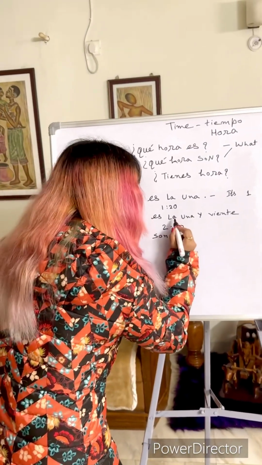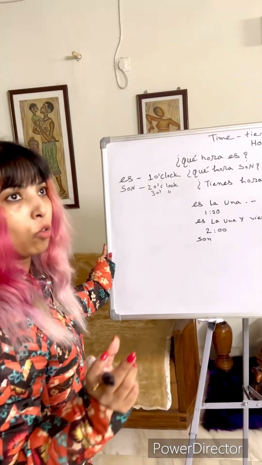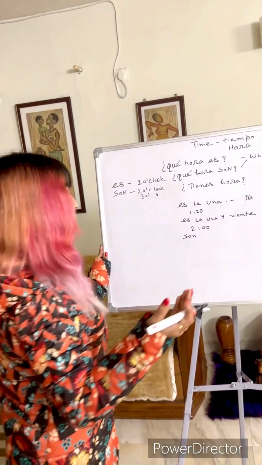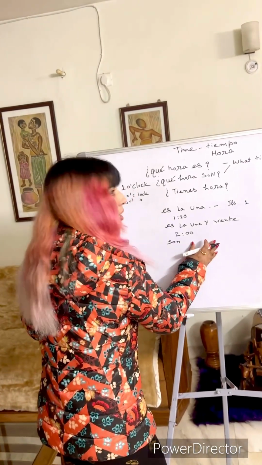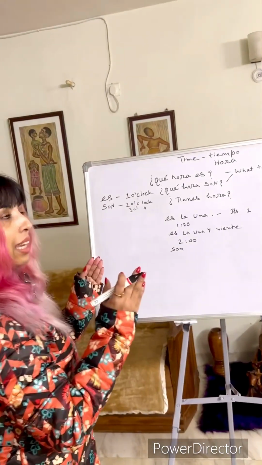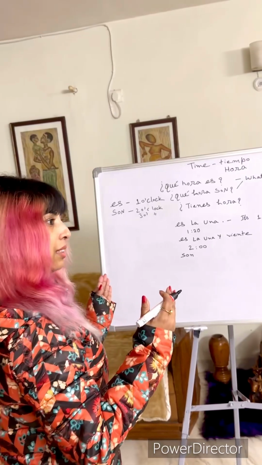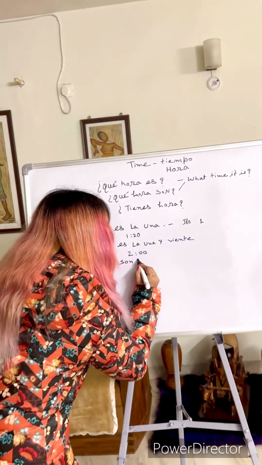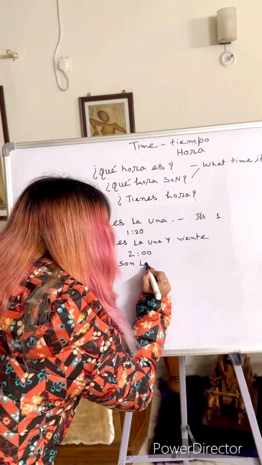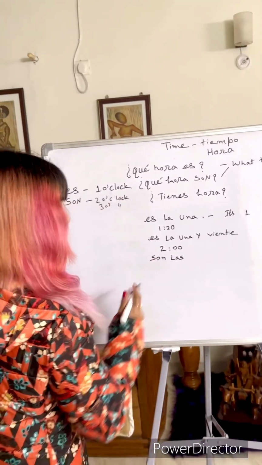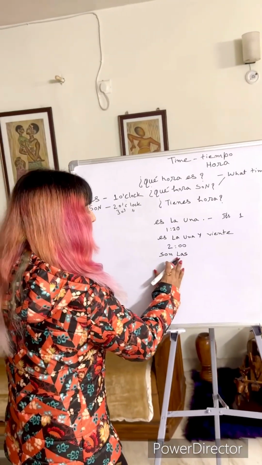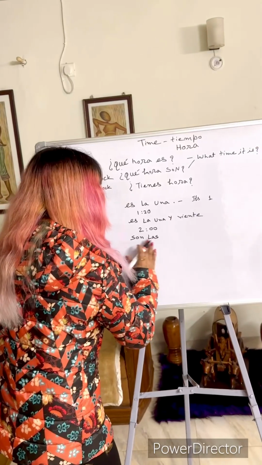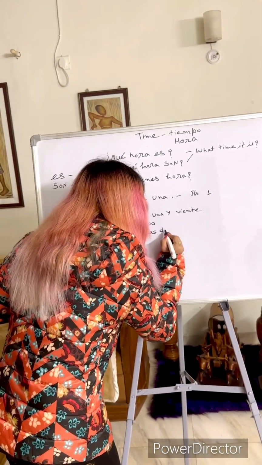And remember I told you that if the noun is plural, the article has to match the number as well. So la is for singular, so you have to change it into las. Las is the article for plural number and feminine gender. So son las dos.